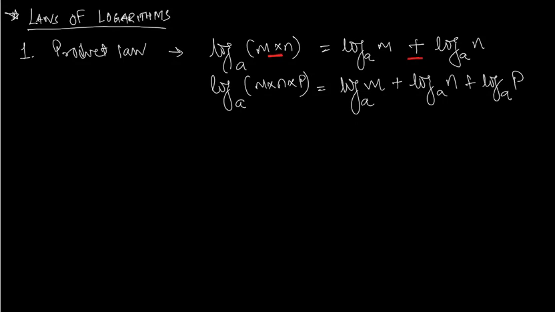So all the multiplication signs got converted into addition signs, right? So that's how the product law makes the operation on numbers under logarithms simpler and converts the product into addition, right?